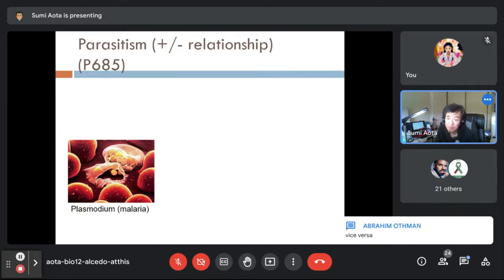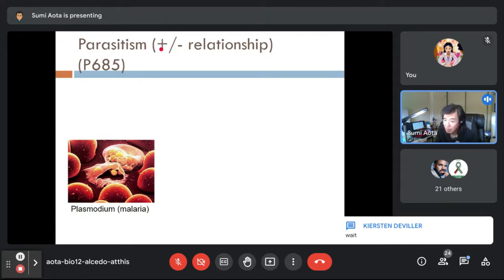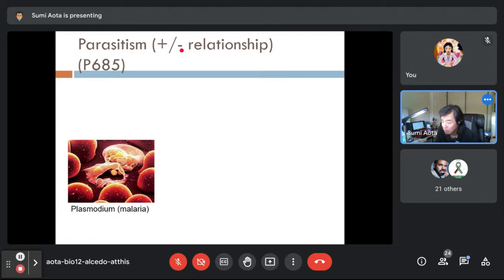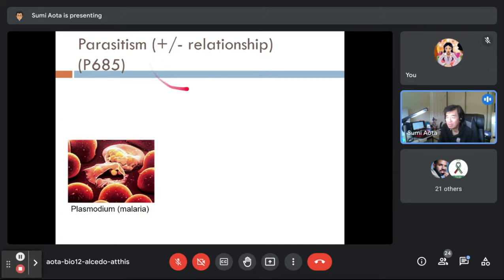Well, in parasites, the plus goes to the parasite and minus goes to the host, right? So if they're both plus minus, what's the difference between a parasitic relationship and a predator relationship? Well, it's in what happens to the victim.